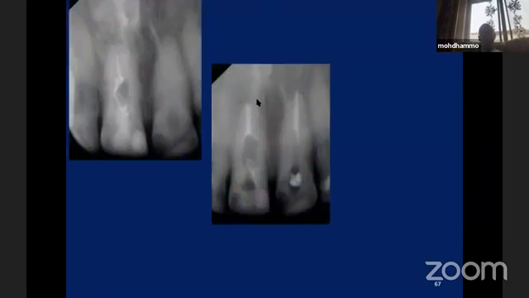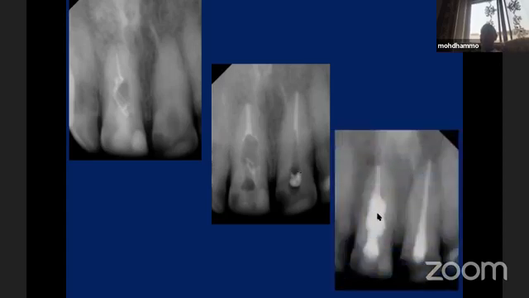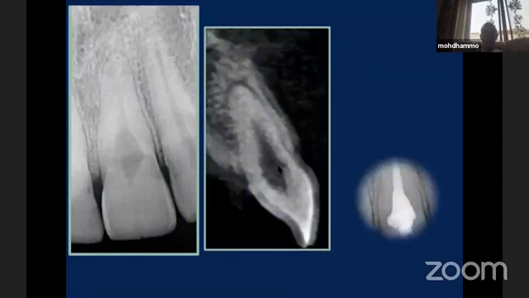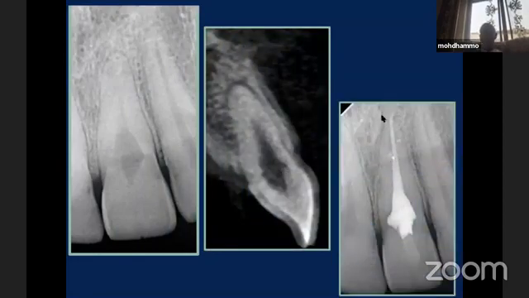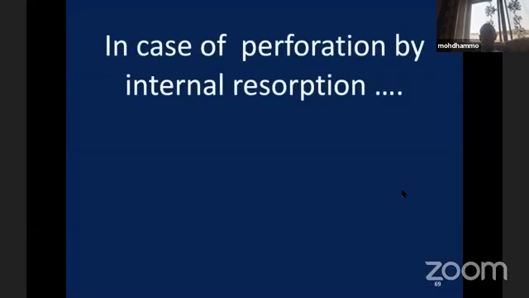Here, the apical part is filled with the downpack technique, and this part here we fill with the Guttapercha gun. Of course, we have to use sealer and flowable Guttapercha with the Guttapercha gun. This part is filled with downpack and this part with the Guttapercha gun.